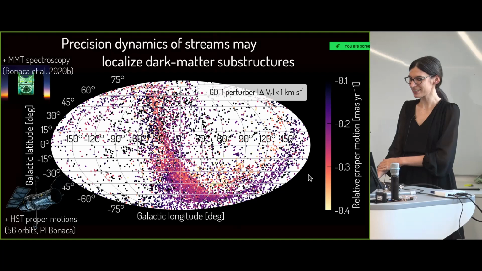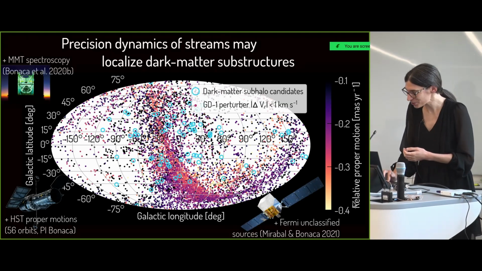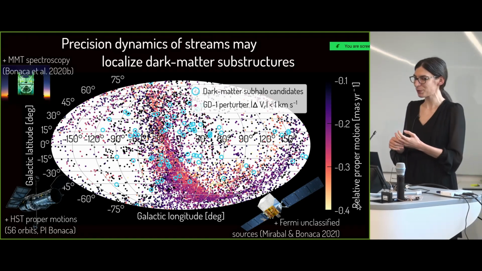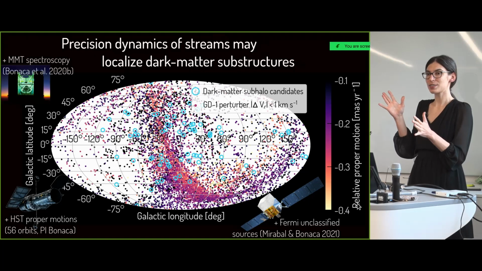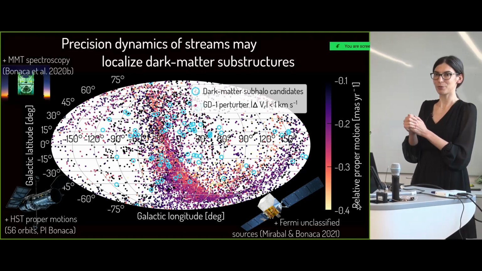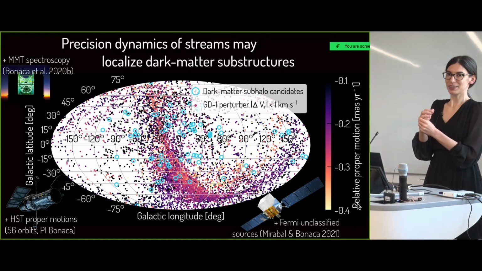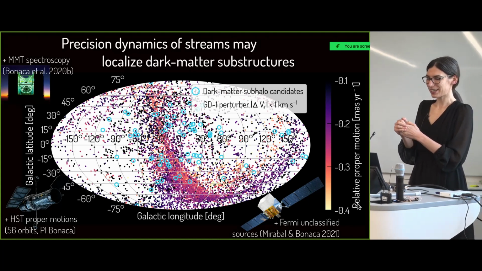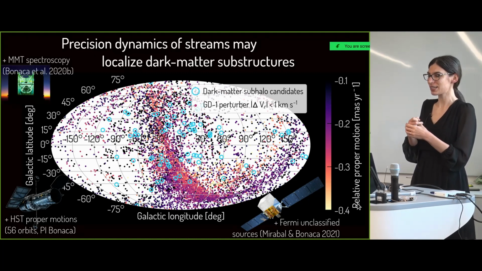And what we are hoping to do with this kind of analysis is then compare to some known sources. One example, a collaboration I had with Mr. Mirabal, was to cross-match with Fermi unclassified sources, from the Fermi Gamma Ray Telescope, to compare to sources that look like they may have a spectrum like what you would expect from dark matter annihilation.